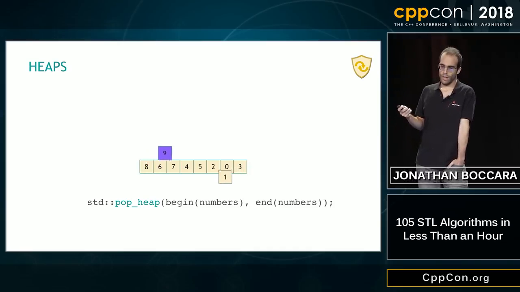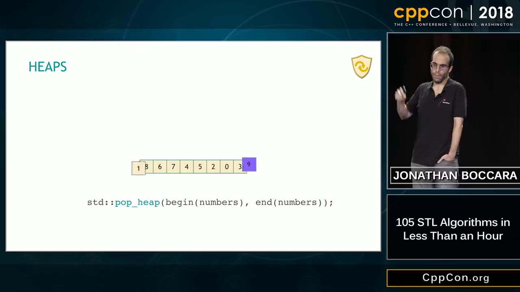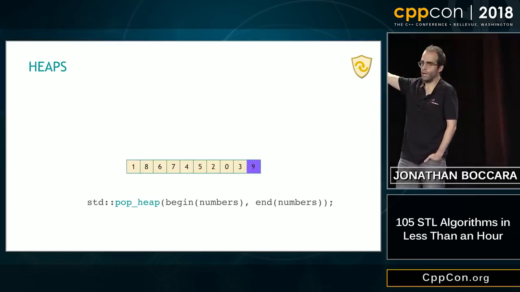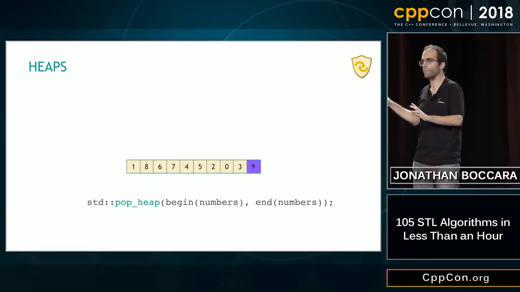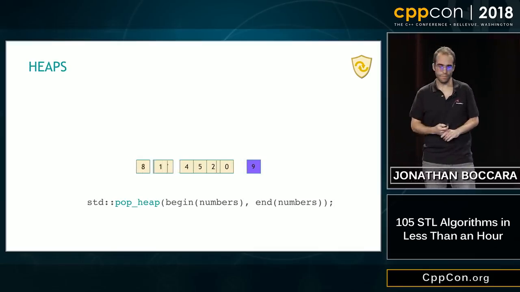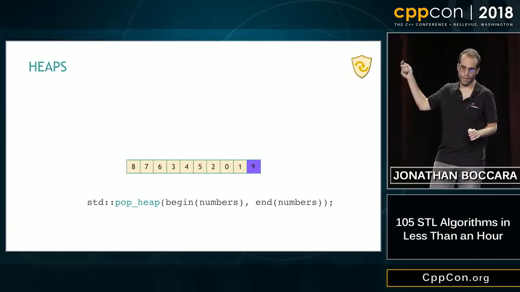To do that, we swap it with the last one. That's what pop_heap does. At this point, the range in yellow is probably not a heap, because the one at the end was probably one of the smallest ones that was at the beginning. So we need to make it bubble its way down to its final position, and that's what pop_heap does.